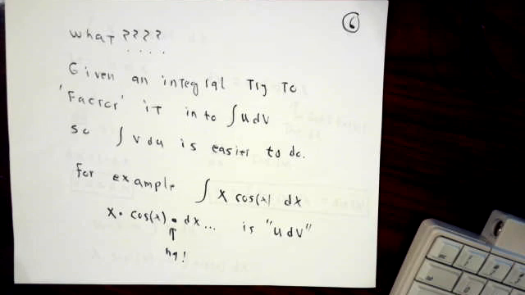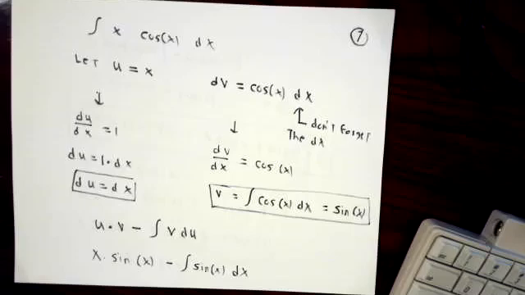There are various ways that we could group these things. I'm going to try this. I'm going to try letting the u equal to that x. That means everything else to the right of the integral sign has to make up dv. So dv is going to be cosine x dx.